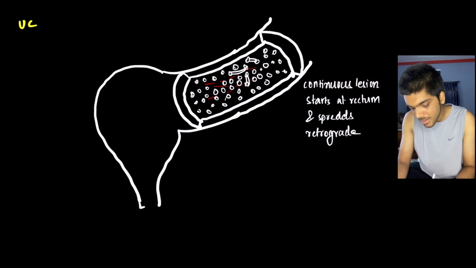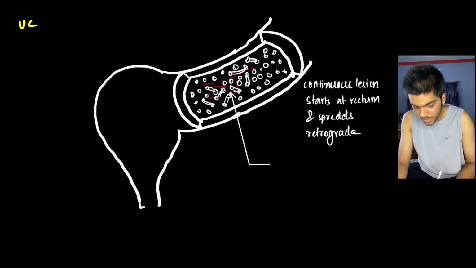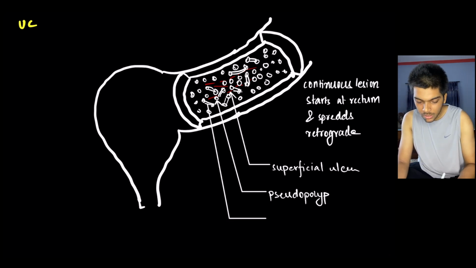And then let's draw some bridges here and there. Okay. There is first superficial ulcer. In between these superficial ulcers, there is regenerating mucosa that appears as polyps but is not true polyps, so pseudopolyps. These pseudopolyps grow and connect with one another with the help of bridges.